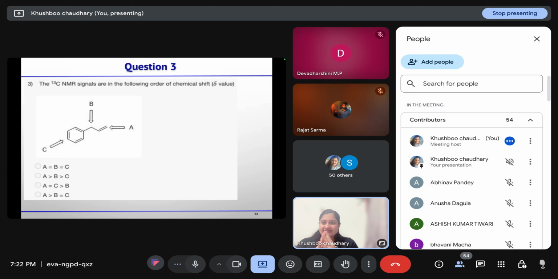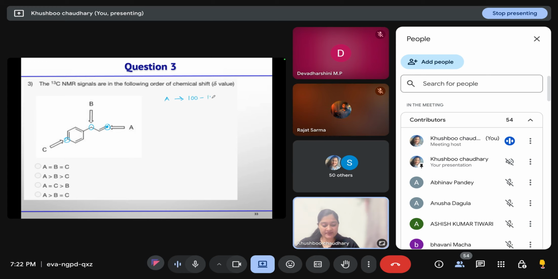Okay. Next is the carbon 13 NMR signals are in the following order of the chemical shift delta values. In case of carbon 13, they are asking about B, A, and C. Now, in case of A, carbon that is unsaturated will lie in the region of 100 to 150 ppm.